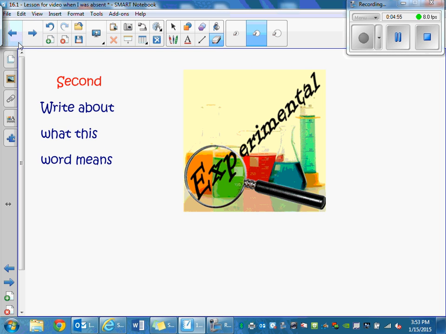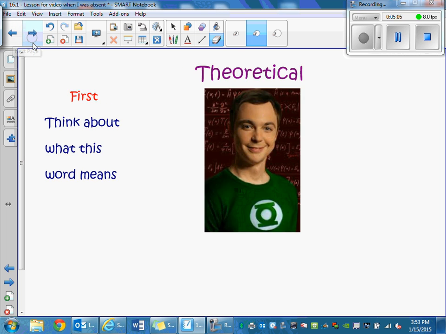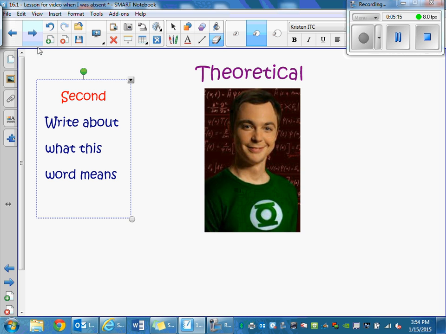Okay, so back to experimental. To me, experimental is like I think of science, and when you're doing an experiment and you're trying to figure out the answer to your hypothesis. Okay, now we have theoretical. I want you to think about what that word means for you, and after you've thought about it, I would like you to write down what you were thinking about.